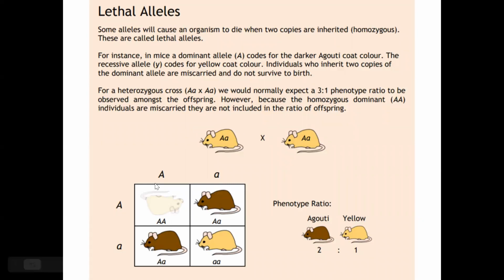A good example I like to talk about for lethal alleles is with these mice. We've got 2 different types of mice. One of them is the brown mice, which is the agouti, and one of them is the yellow mice.